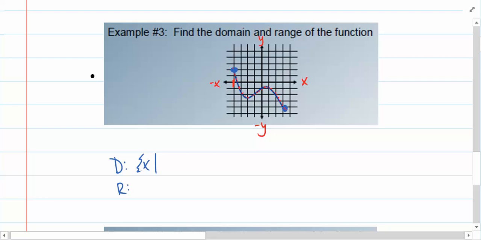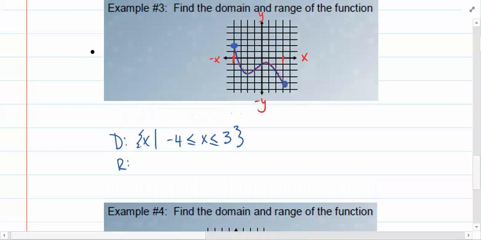And the largest x value is going to be 1, 2, 3 units to the right. So our domain is all x values such that -4 is less than or equal to x, which must be less than or equal to +3.